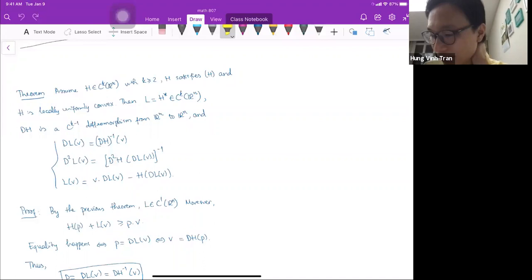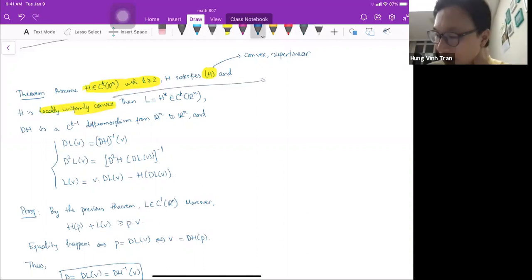Okay, and you can also take it for granted that all the preparations we did earlier were for this result: if h is in C^k, smooth enough with k greater than or equal to 2, h satisfies superlinearity, meaning that it's convex and superlinear, and h is locally uniformly convex, meaning that the Hessian d squared h at p is positive definite.